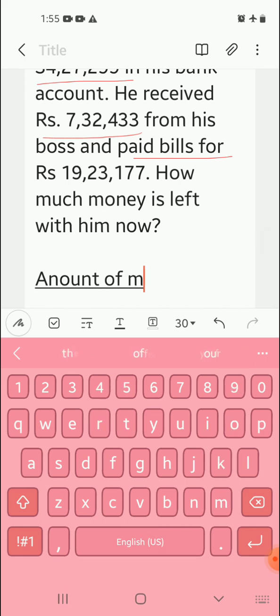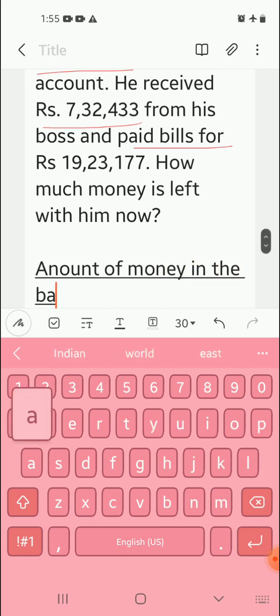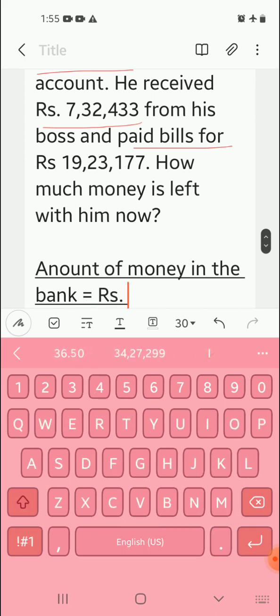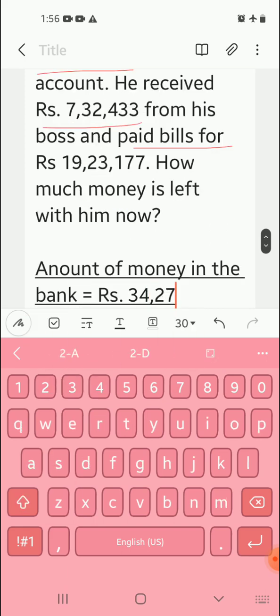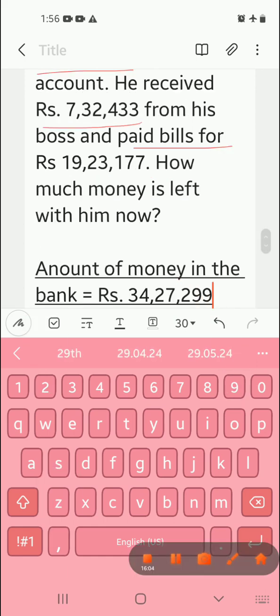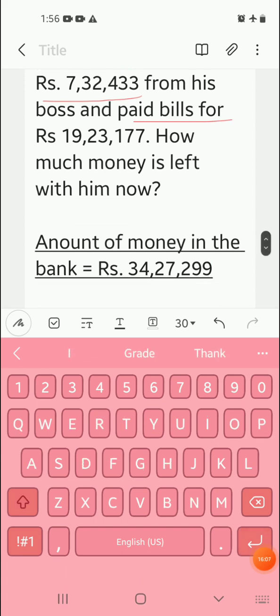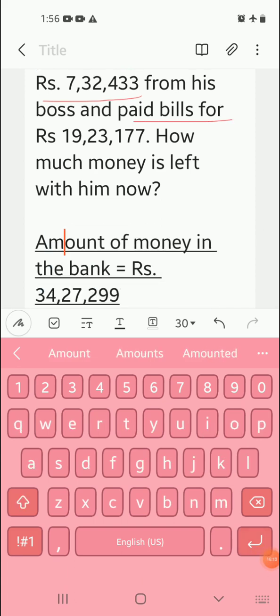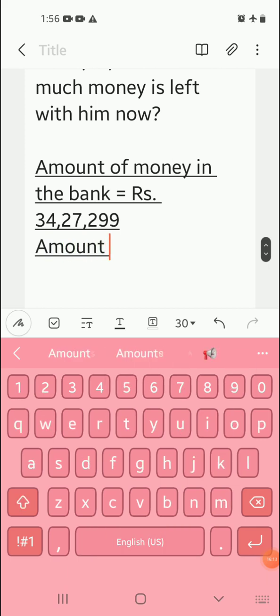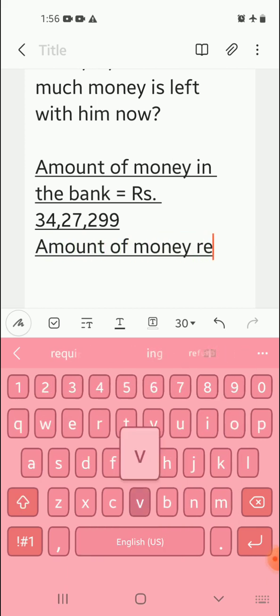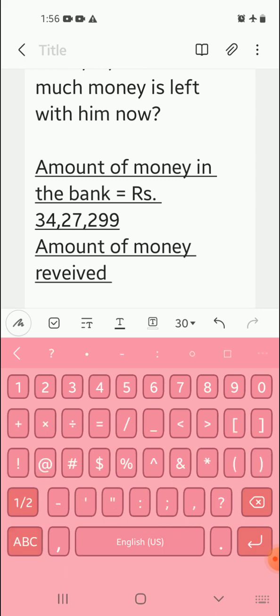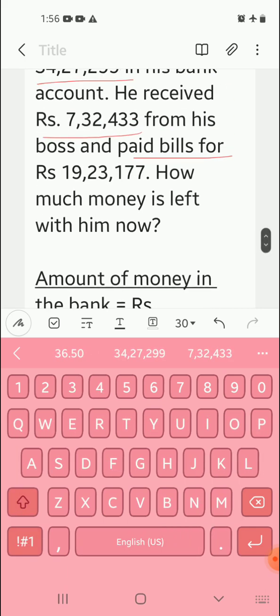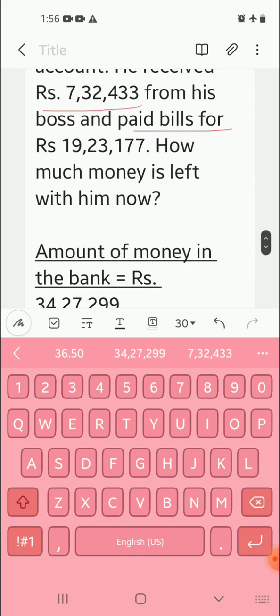amount of money in the bank is equal to, we are going to write rupees, copy it down, 3427,299. Next, amount of money received is equal to rupees 732433.